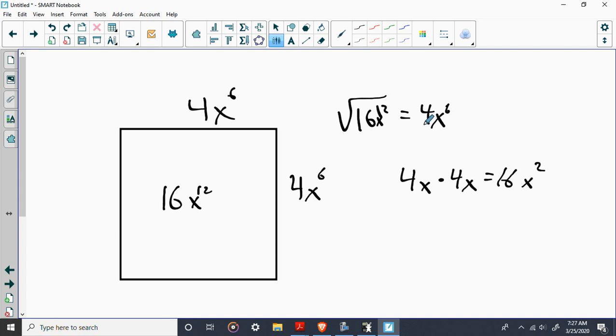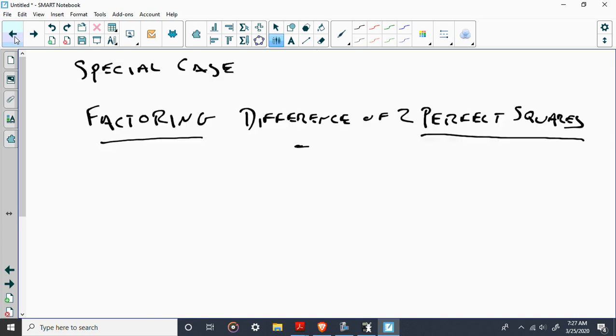Okay, good. So now we can actually get to what we were talking about, which is the difference of two perfect squares. Essentially it's going to look something like this. You are going to have some perfect square, let's call it a squared.